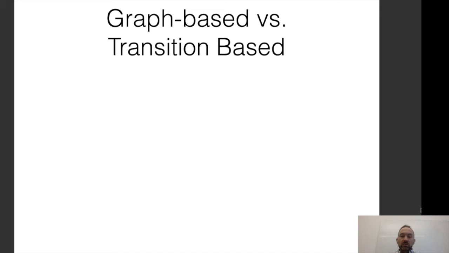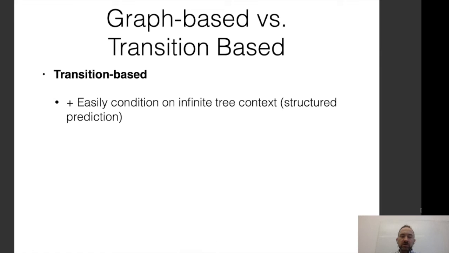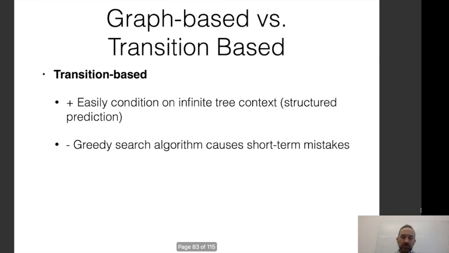And why would we want to pick one over the other? So basically, one of the advantages of transition-based parsing is we can easily condition on infinite tree context. So we can use any structured prediction algorithm, or any sequence encoder, to encode all of our previous context. It could be an RNN or a transformer, and basically condition our next decision on all of the contexts that we've seen before.